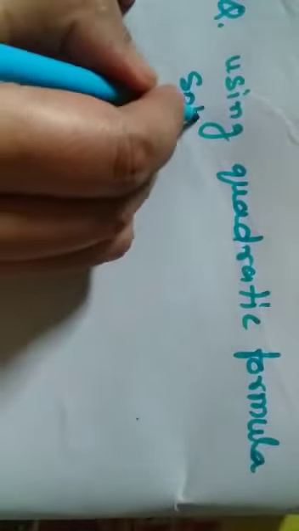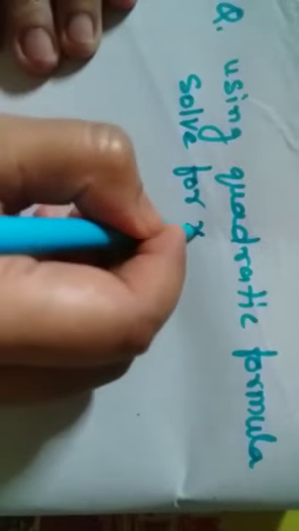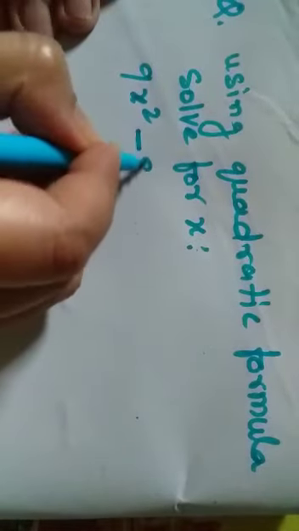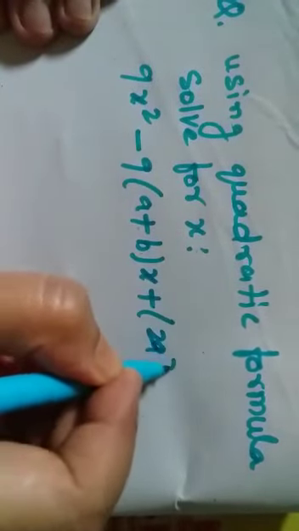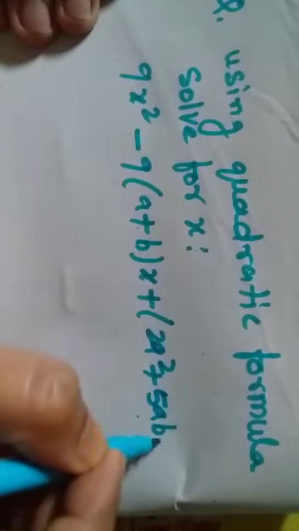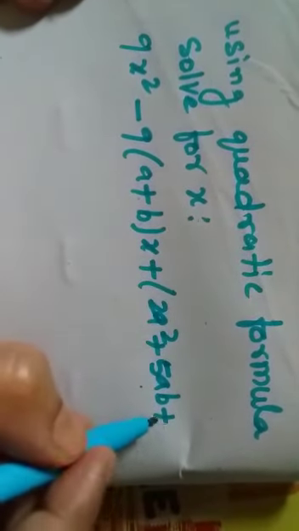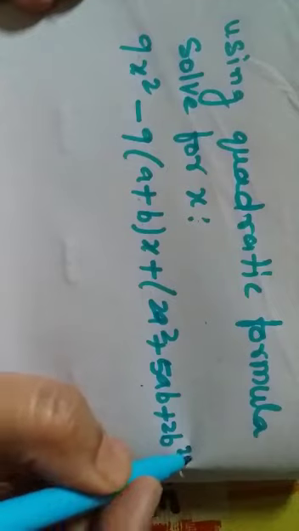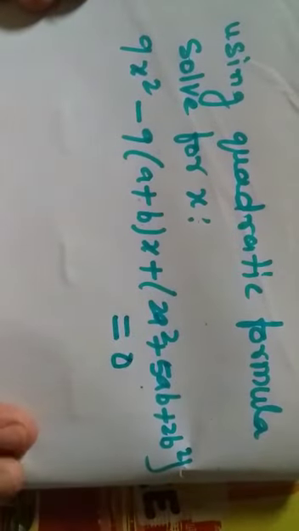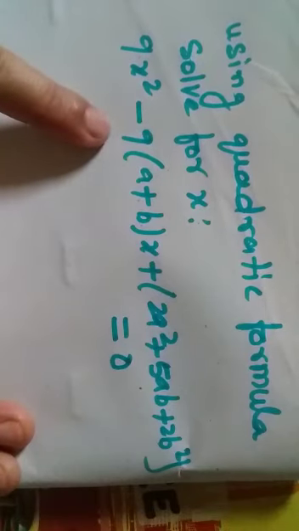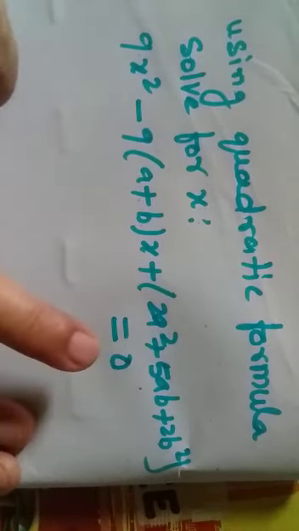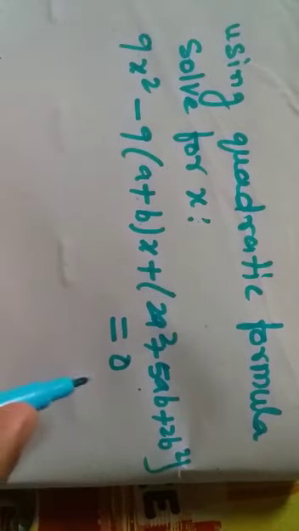You have to solve and tell the answer: 9x square minus 9(a plus b)x plus 2a square plus 5ab plus 2b square is equal to 0. Is that okay?